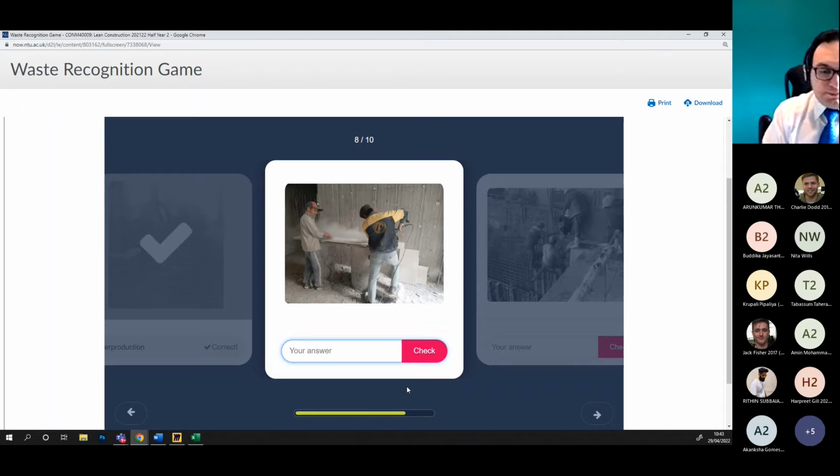Cutting stone. Motion. What else? Defects. Defect.